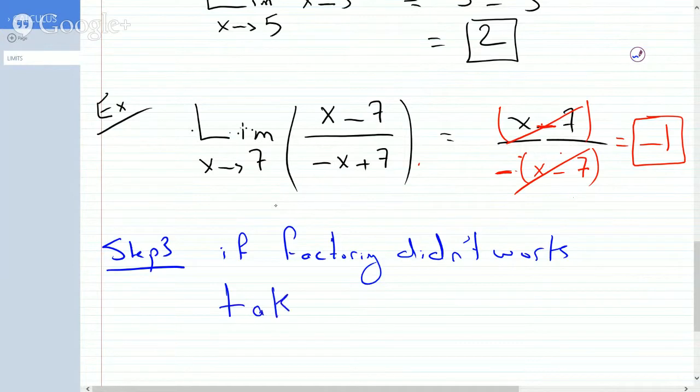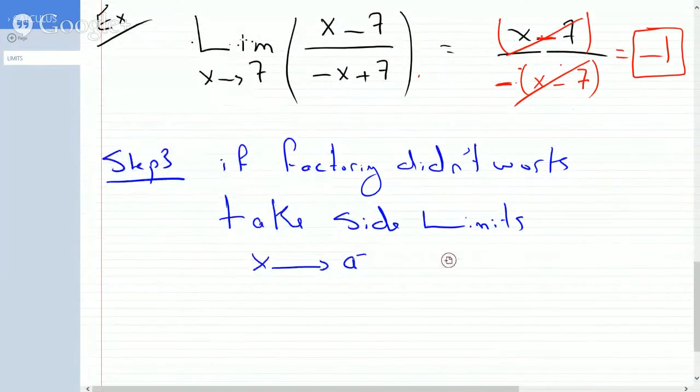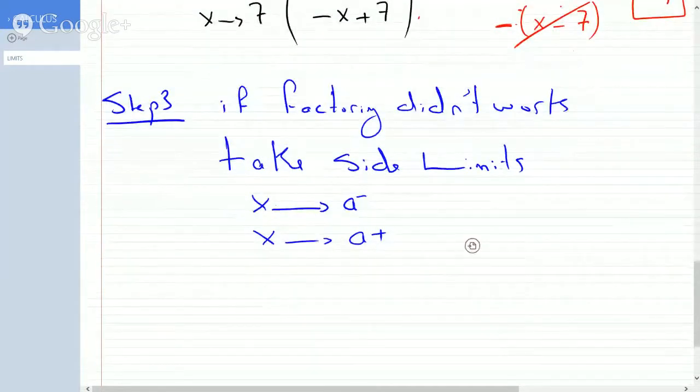What I mean by that is, evaluate as x goes to a minus and as x goes to a plus, whatever it is. So should we do an example on that? Yes. And then if these two are the same, let me continue writing the rule.